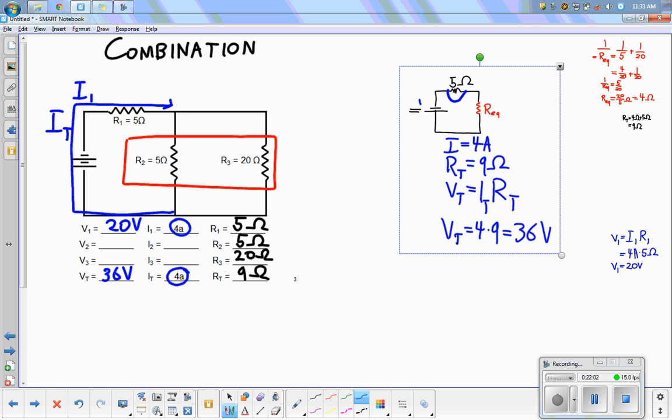Well, if I lose 20 volts here, I've got 16 volts across here. This means, let me draw this for you, that from point A to point B, I've got 16 volts. From point C to point D, I've also got 16 volts. Let me write that down.